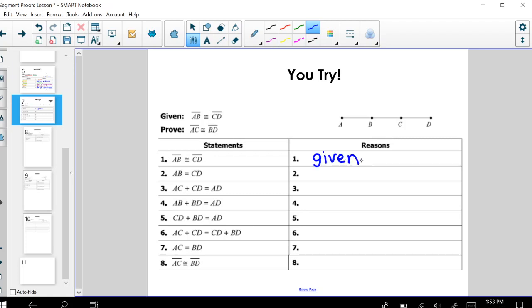Okay, so I'm going to go ahead and label this so it helps a little bit. So AB is congruent to CD. So if they are congruent, then they're equal. That is our definition of congruence.